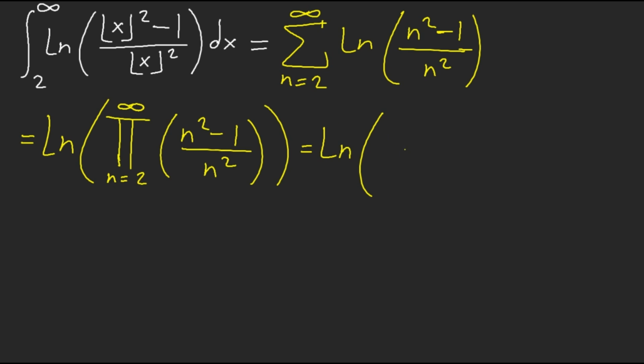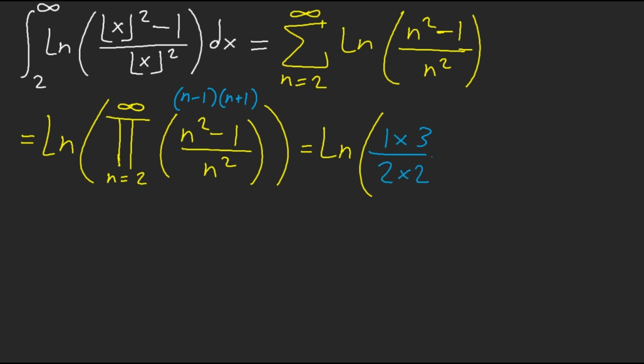So let's go ahead and test that. We'll turn this in terms of n minus 1, n plus 1, and you'll see why. Plug in 2, we get 1 times 3 over 2 times 2.